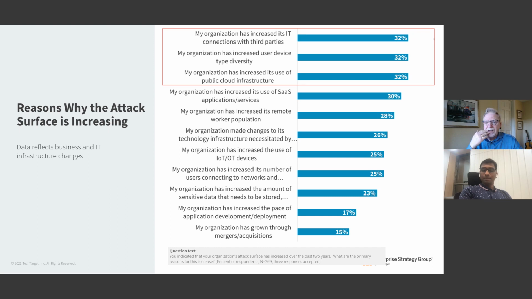There are so many device types in play now, devices and workloads and SaaS apps and everything in play. It's not practical for any of us to be able to keep up with that challenge anymore.